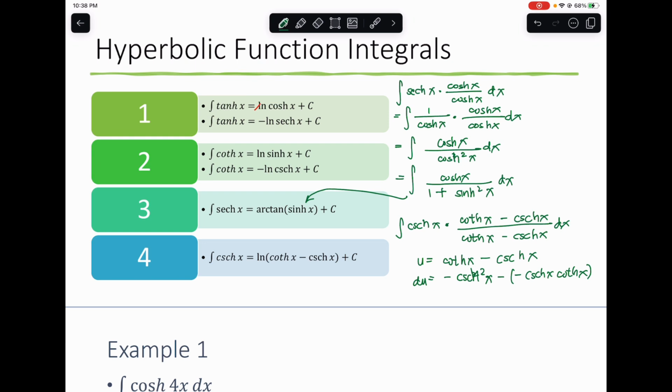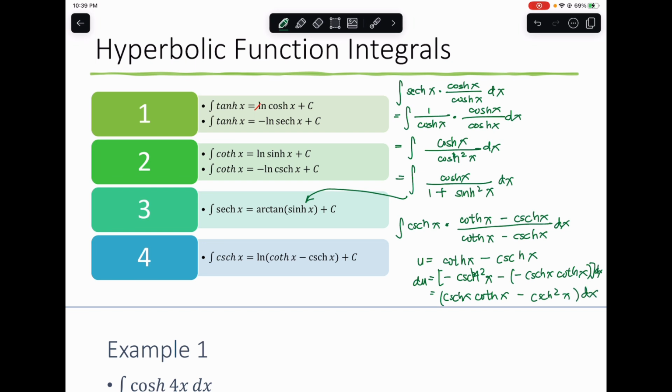So once we multiply that, that makes it positive. Okay, so hyperbolic cosecant x hyperbolic cotangent x, and then minus hyperbolic cosecant squared x, all of this multiplied with dx.